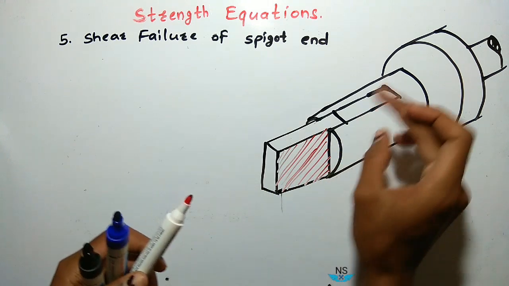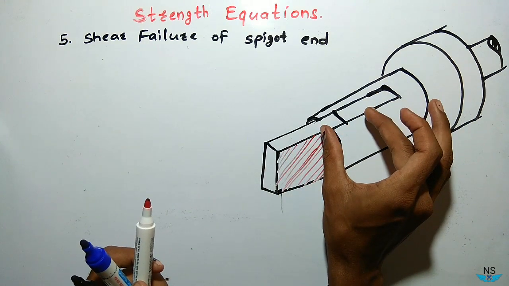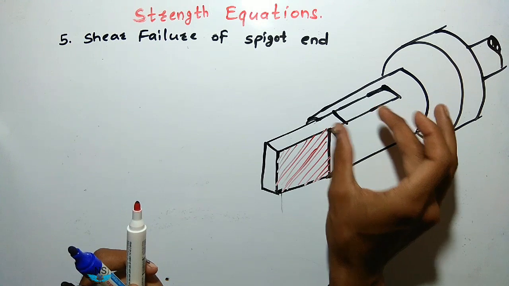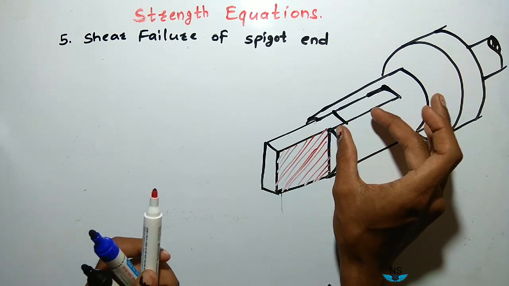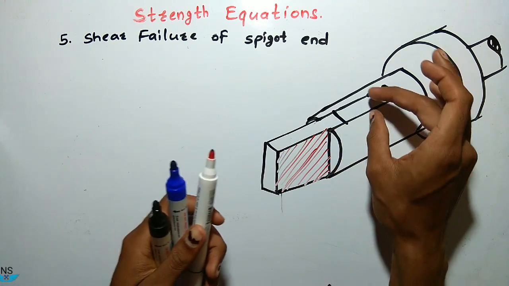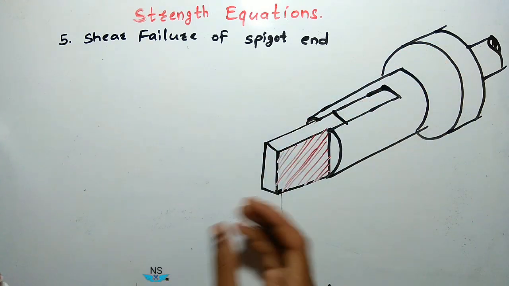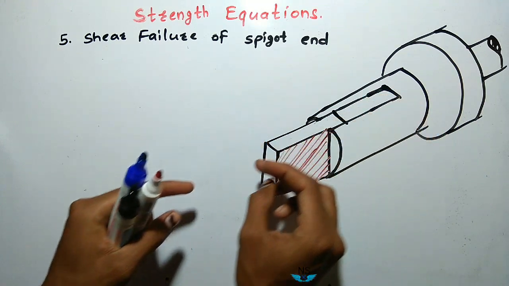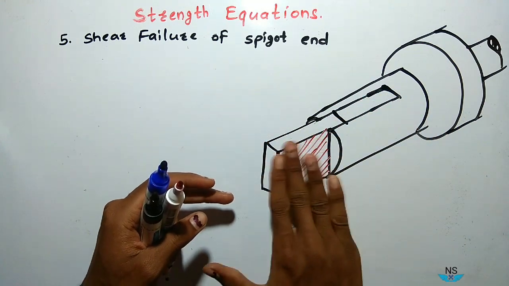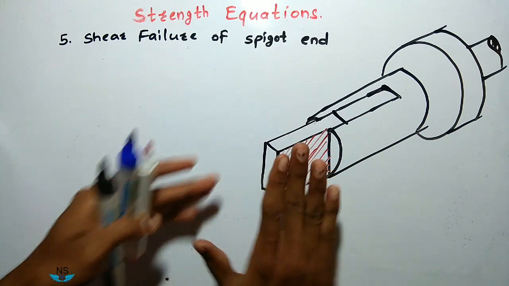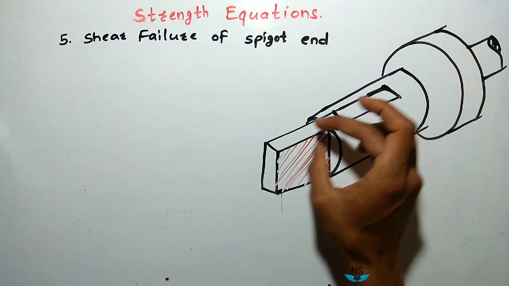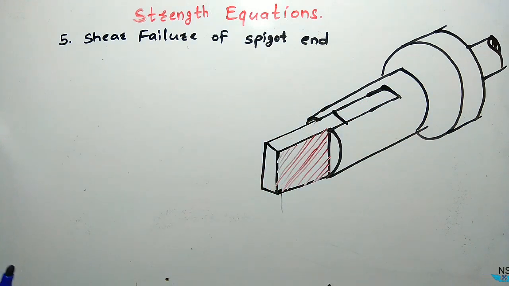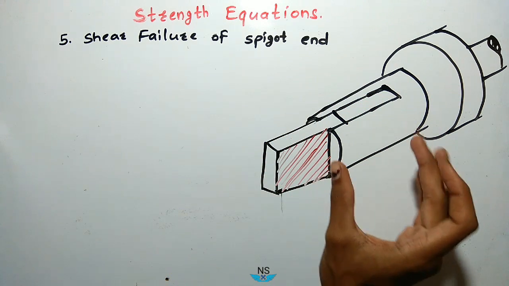Before the failure, this section was here. So due to shear stress, this section will cut out. मतलब ये सेक्शन कट होके बाहर आएगा. तो कट कहाँ होगा, दोनों साइड को, इस साइड को भी और इस साइड पर भी कट होकर ये सेक्शन ऐसे बाहर आए. सो उसका एरिया क्या होगा, हमें मालूम है.